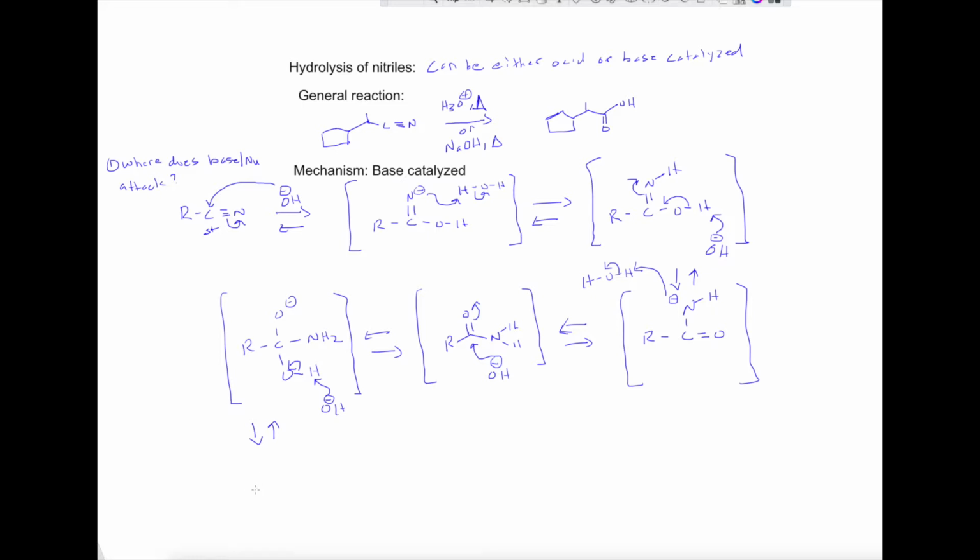This is important because what's about to happen could not happen without this very special intermediate. Just remember, like the Cannizzaro mechanism, we had this very special dianionic intermediate. I'm going to highlight here for you.